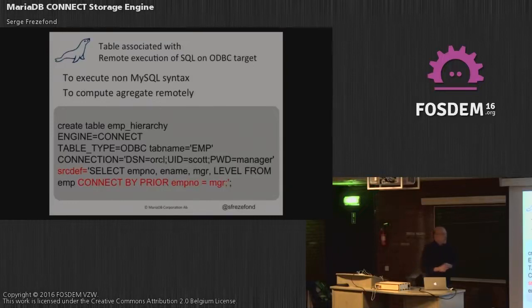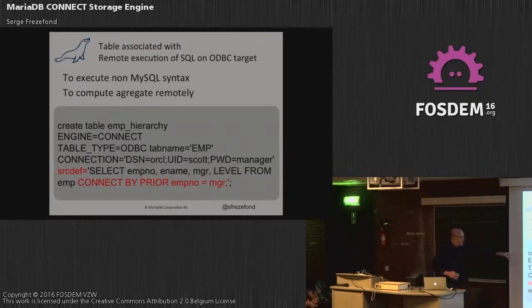It's very interesting because when you run a query on MySQL, it has to comply with the MySQL syntax. But the target database can have a syntax that is richer. For example, if you take Oracle or SQL Server, maybe they are much richer regarding SQL analytic functions, windowing functions, a lot of stuff that does not exist in MySQL.